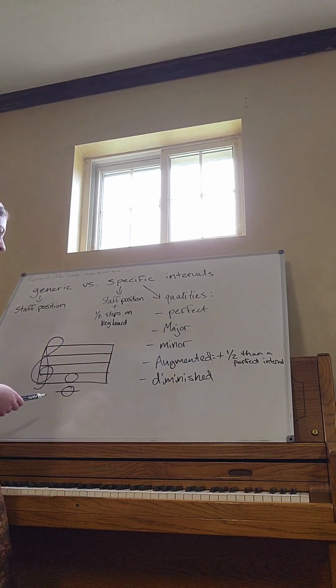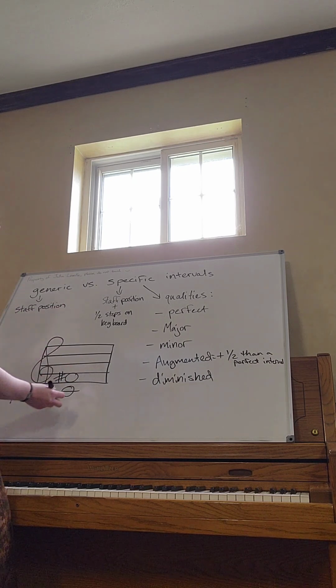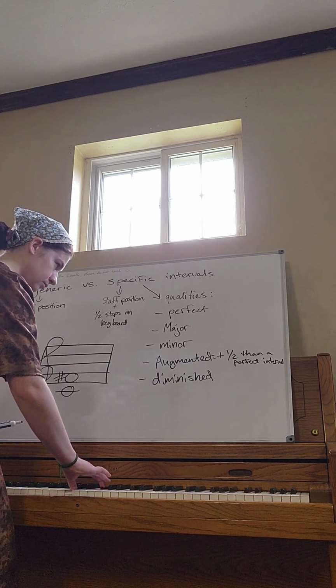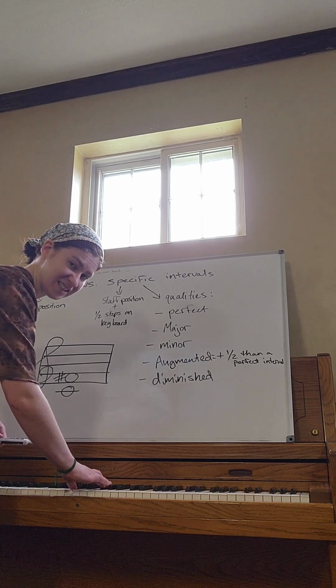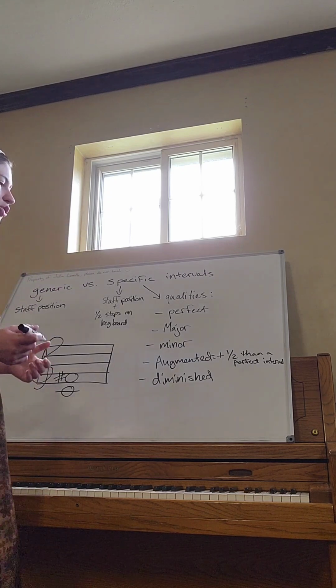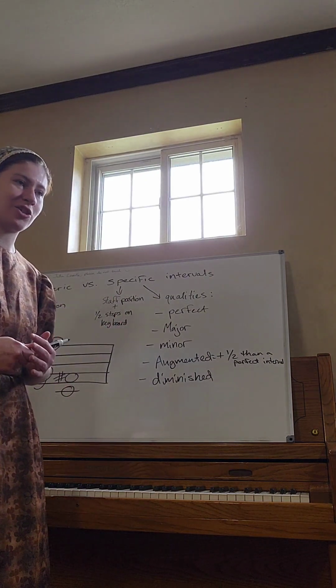So to make that augmented is to sharpen that F by one semitone, turning it into an F sharp. And this is what it's going to sound like. That's also called a tritone when a perfect fourth is sharpened.